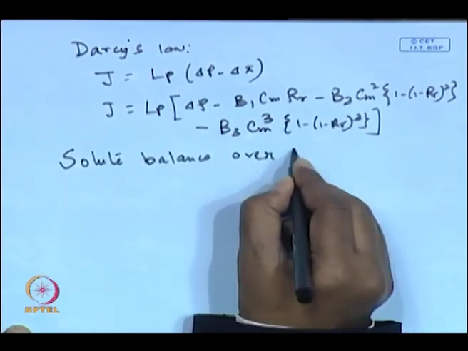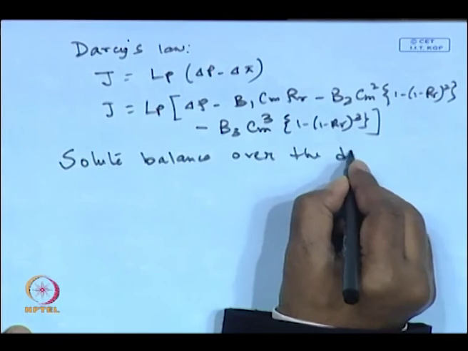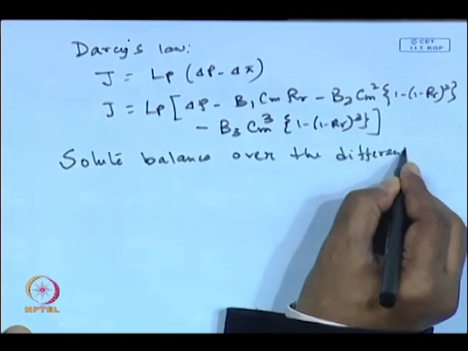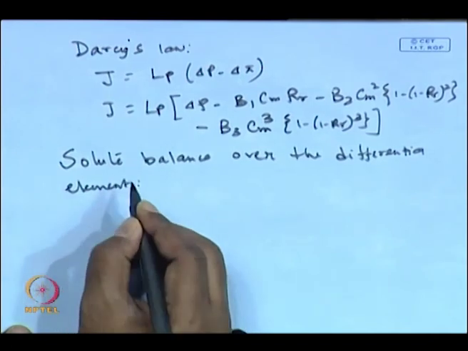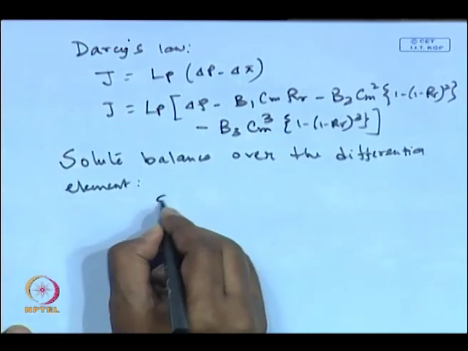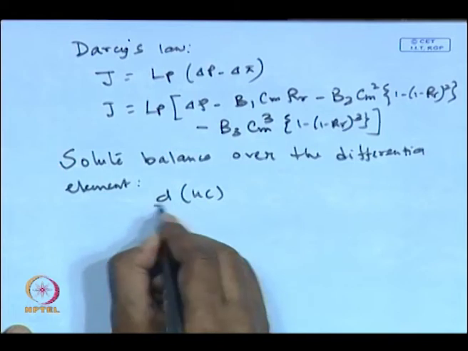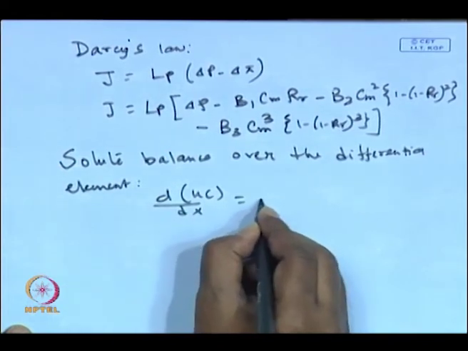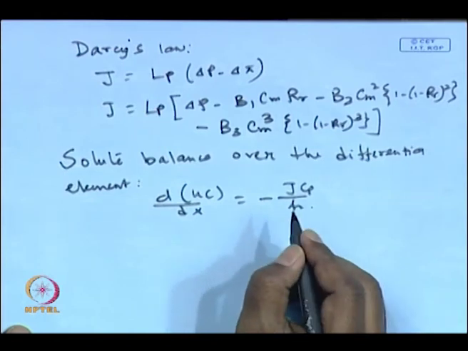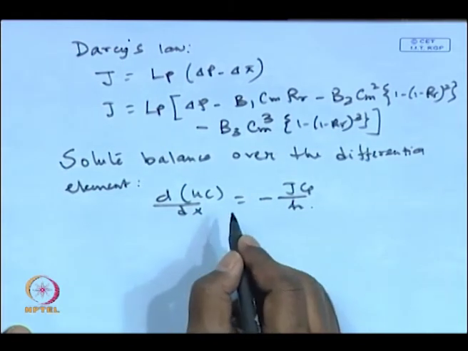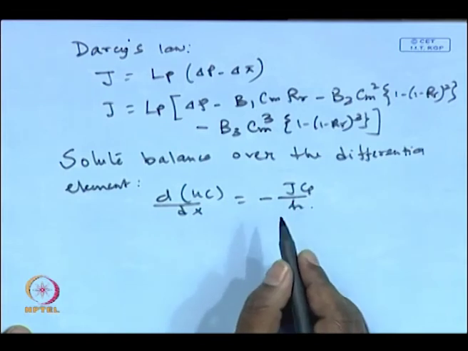solute balance over the differential element gives you d(uC)/dx is equal to minus J Cp divided by H. Okay, you can really derive this, I am not doing it.